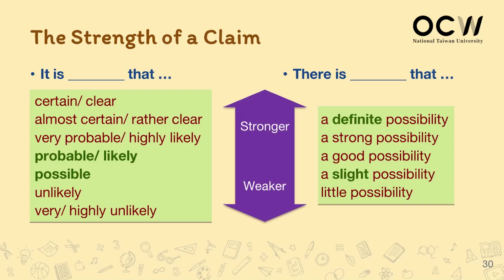The strength of a claim can be stronger or weaker depending on the different words that you use. Hypothetically speaking, if you're using the words highly unlikely, it definitely means that this particular claim is not possible. Yet, if you're using the words a definite possibility, then obviously the strength of the claim is stronger.